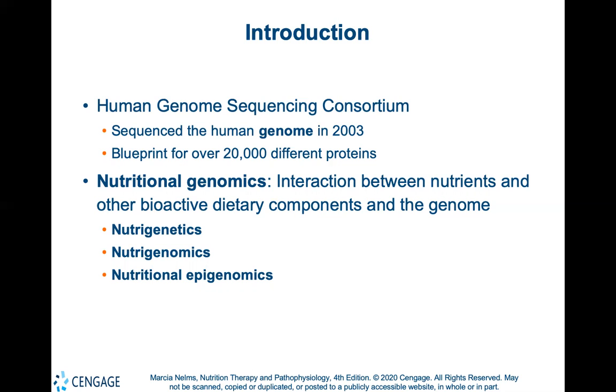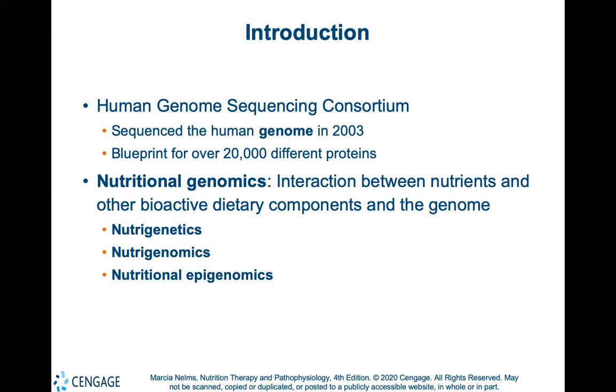Nutritional genomics is further subdivided into the areas of nutrigenetics, nutrigenomics, and nutritional epigenomics. Nutrigenetics studies the role of the interaction between individual gene sequence variations, genotype, and dietary components in determining health.